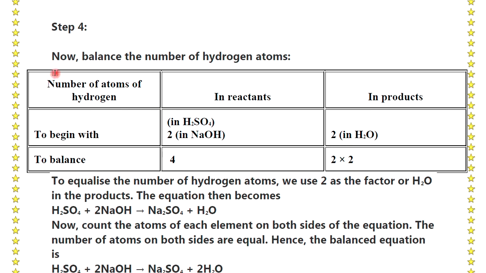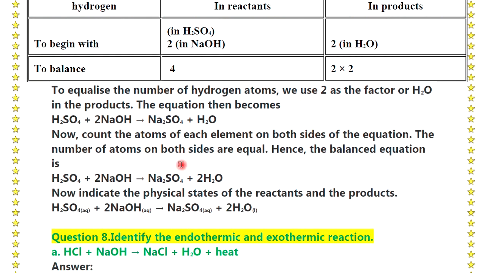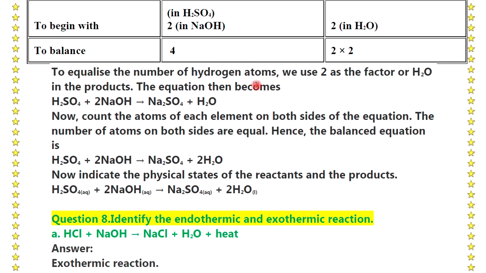Step 4, now balance the number of hydrogen atoms. The number of hydrogen atoms in the reactant H2SO4 is 2, and in the product it is 2. To balance them, the reactant has 4 and the product has 2 into 2. To equalize the number of hydrogen atoms, we use 2 as the factor of H2O in the product.